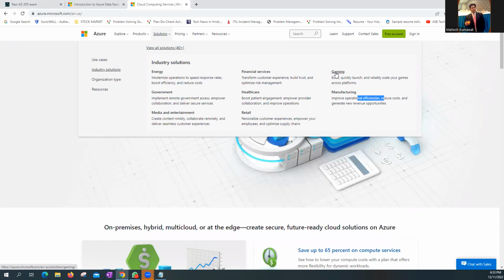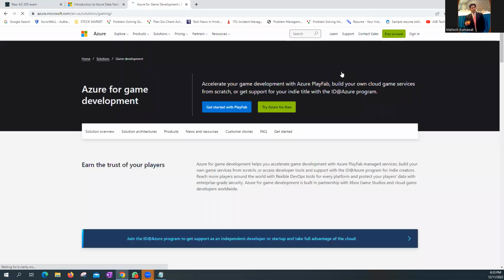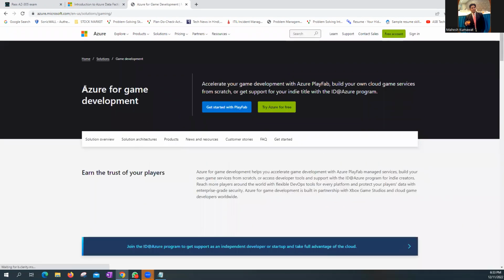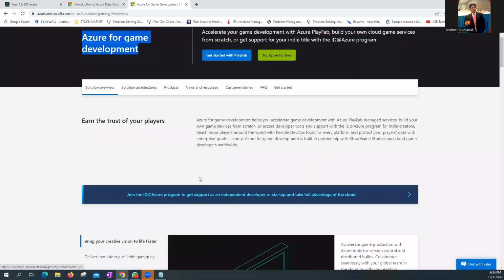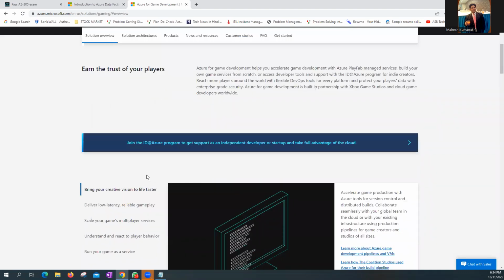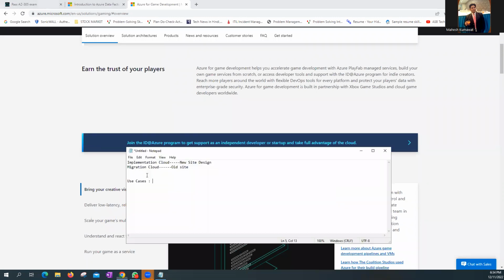Gaming industries, right now you're in the gaming industry, so we're talking about gaming industry use cases. Once you are in Azure game development, the thing to understand here, before you create the architecture, design, and implementation of cloud computing, and suppose you're going to create the migration of your infrastructure, is to try to understand the domain you are part of.